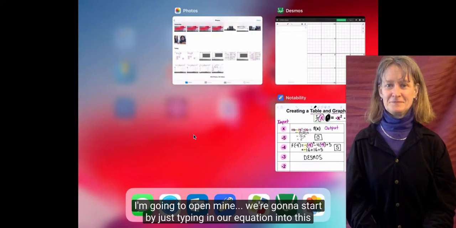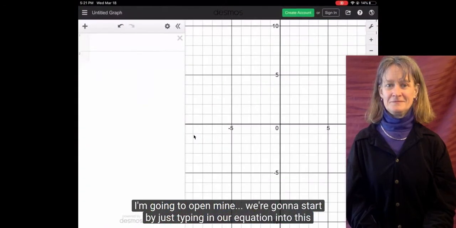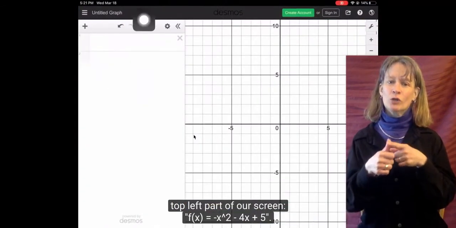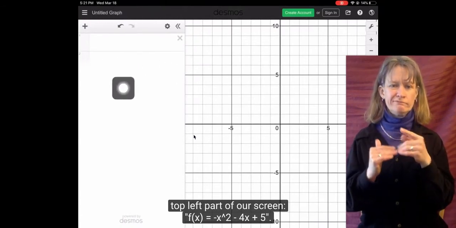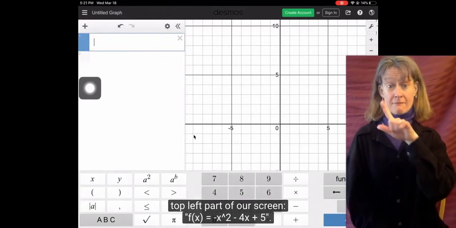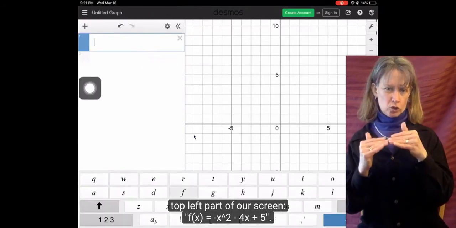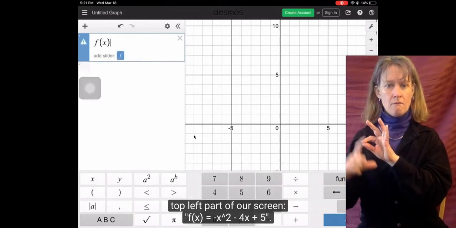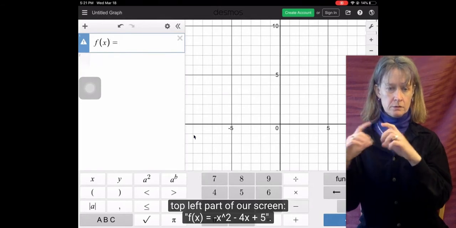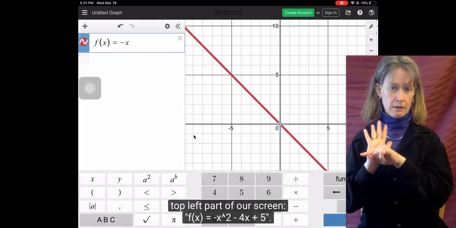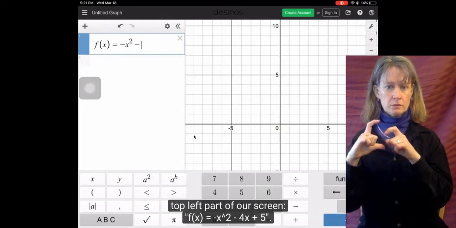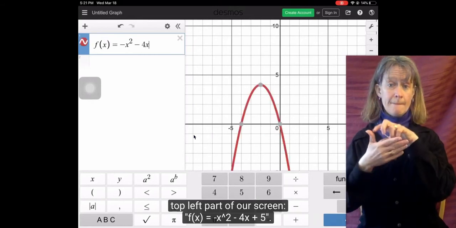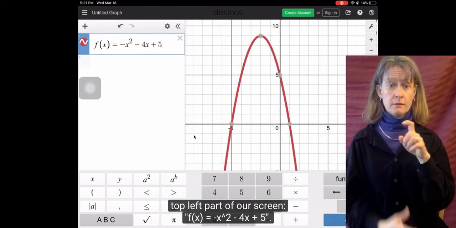We're going to start by just typing in our equation into this top left part of our screen. F of x equals negative x squared minus 4x plus 5.